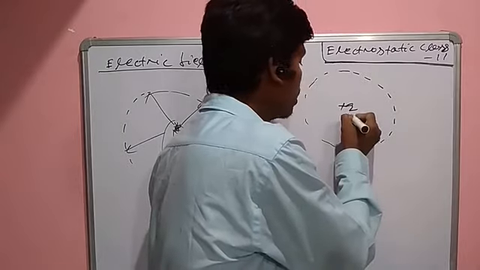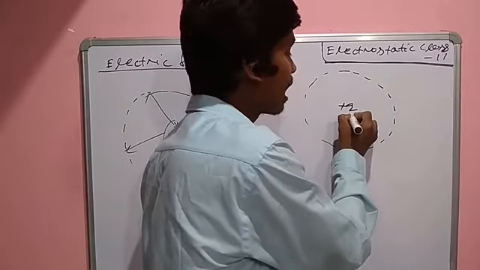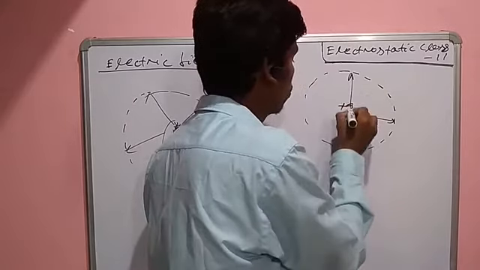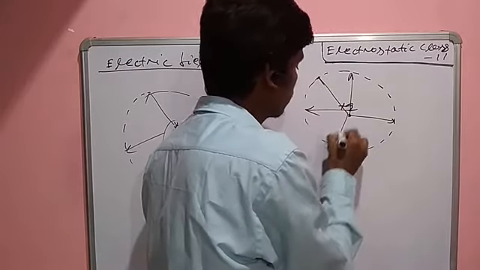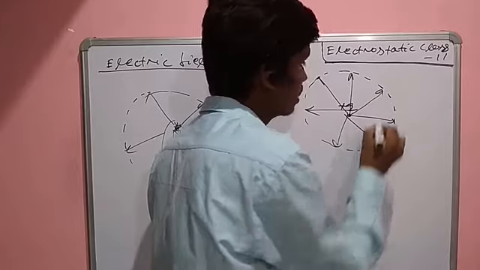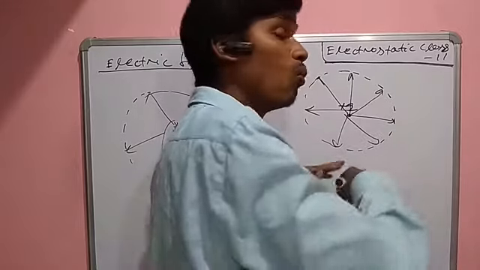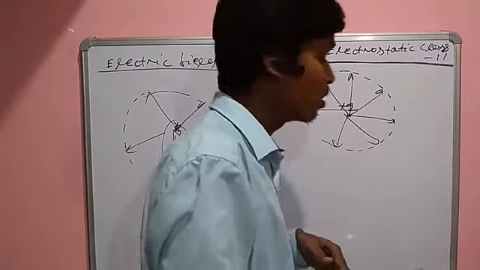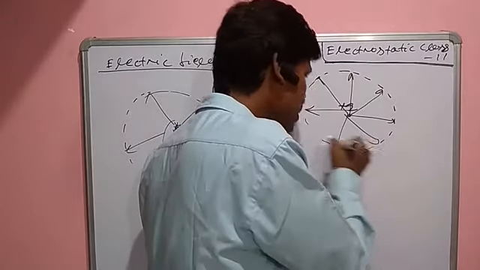Suppose due to placing of this charge, the electric field exists up to this point. Suppose up to this point. But we have to prove that the electric field exists up to this point.